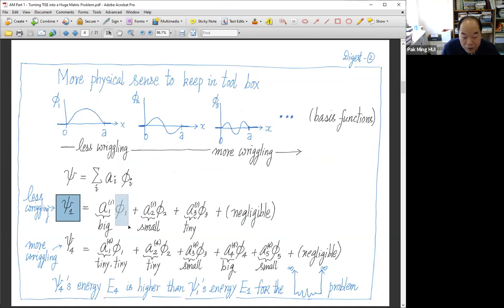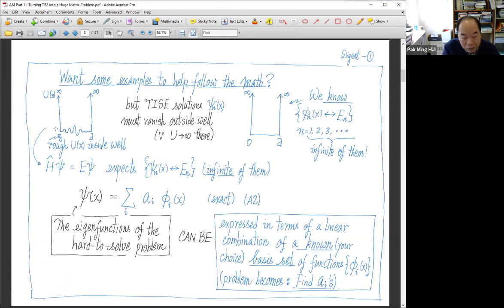The less wiggly bases will have a higher weighting. So the coefficient, we expect it to be bigger for the less wiggly one, and then maybe decorated by some still less wiggly components, so that at the end, we get the wave function, the ground state of this problem. Okay, so guys, do you follow what I'm saying?